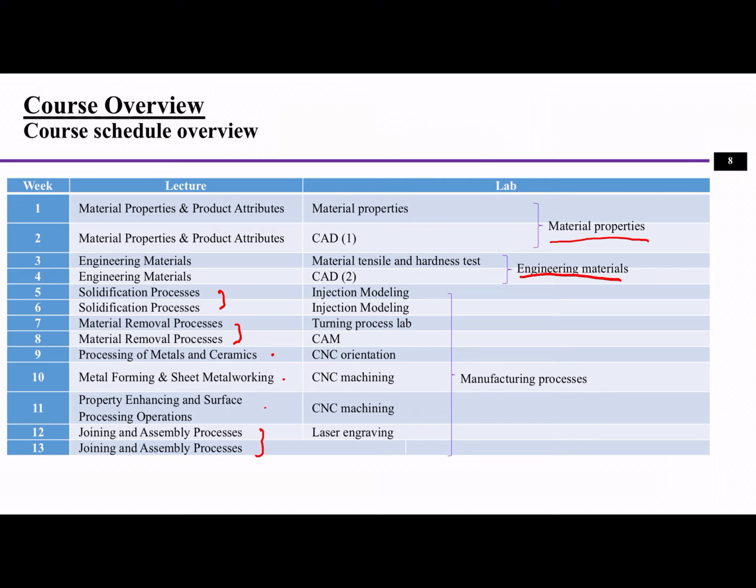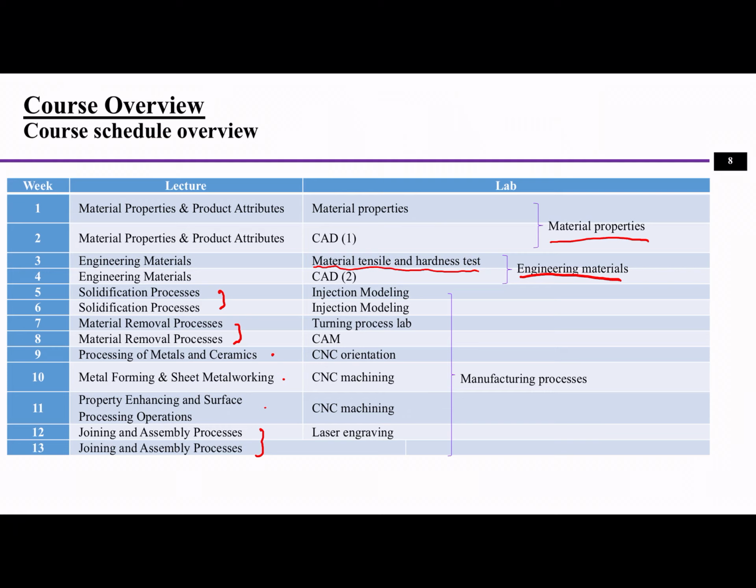For the lab, you can have a snapshot of what is covered in the lab. So the first few weeks will be product design and also CAD drawing, including one materials testing lab. It's a material tensile and hardness test.